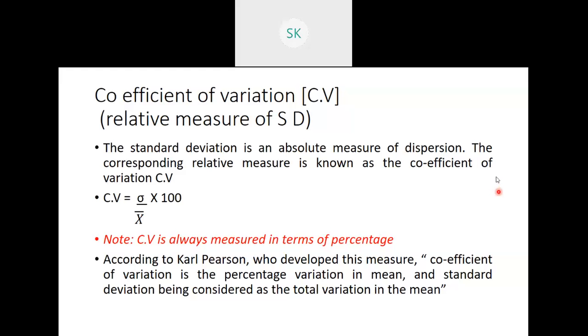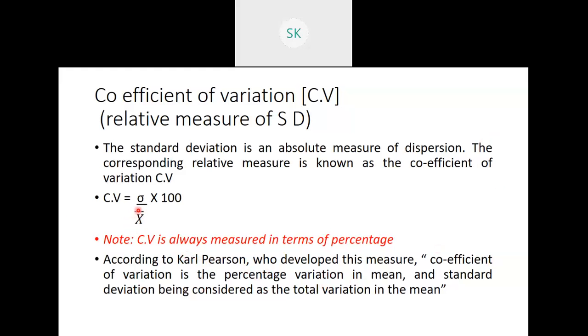So let's read the complete definition once again. Karl Pearson is saying coefficient of variation is the percentage variation in mean. We have taken mean here.